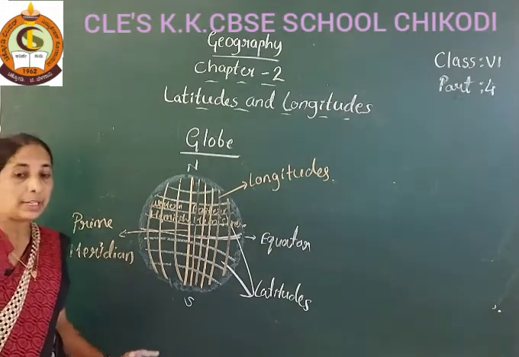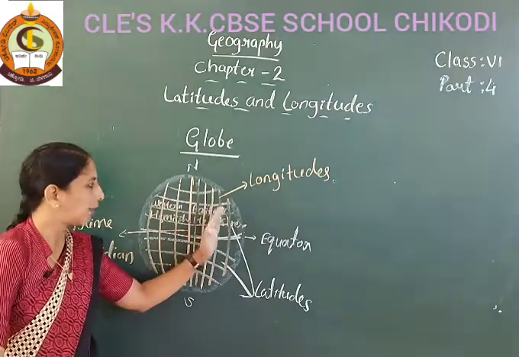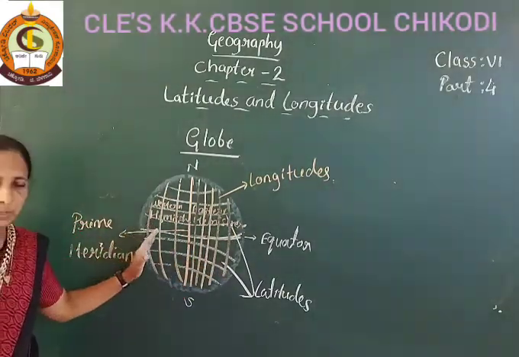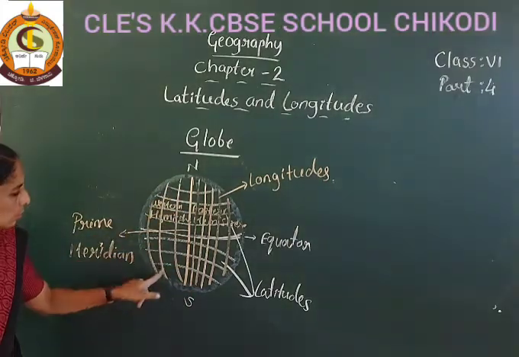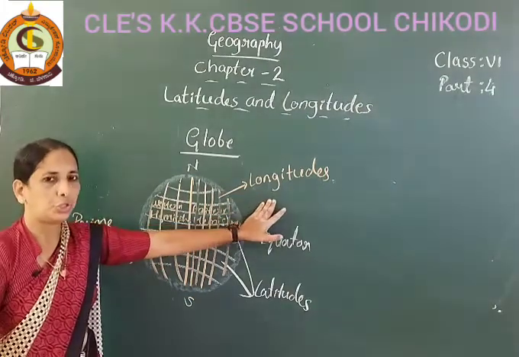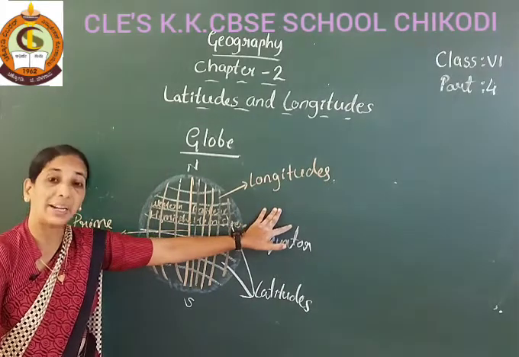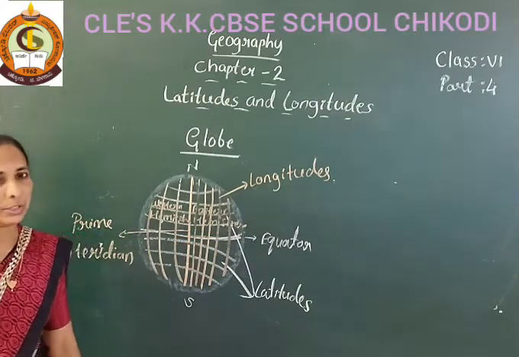This prime meridian also divides the earth into two parts, the Eastern Hemisphere and the Western Hemisphere. Some vertical lines you can see here, student. These vertical lines are longitudes. Longitudes are also known as meridians.